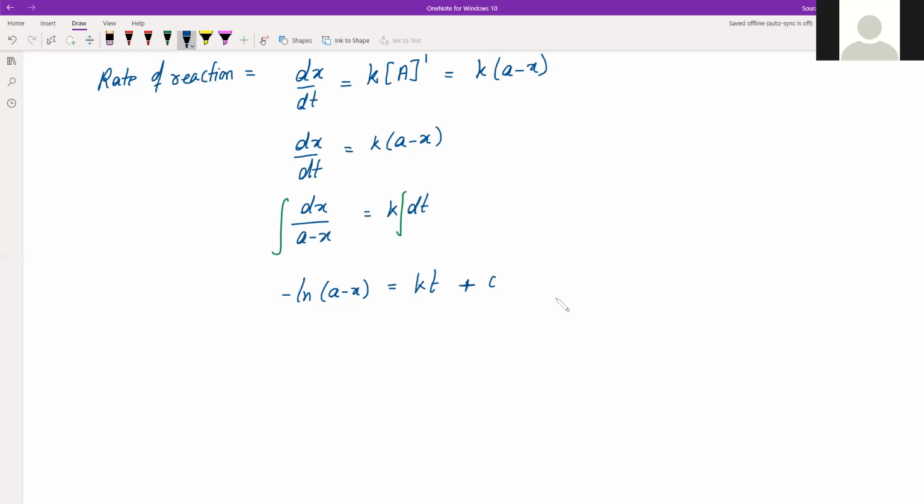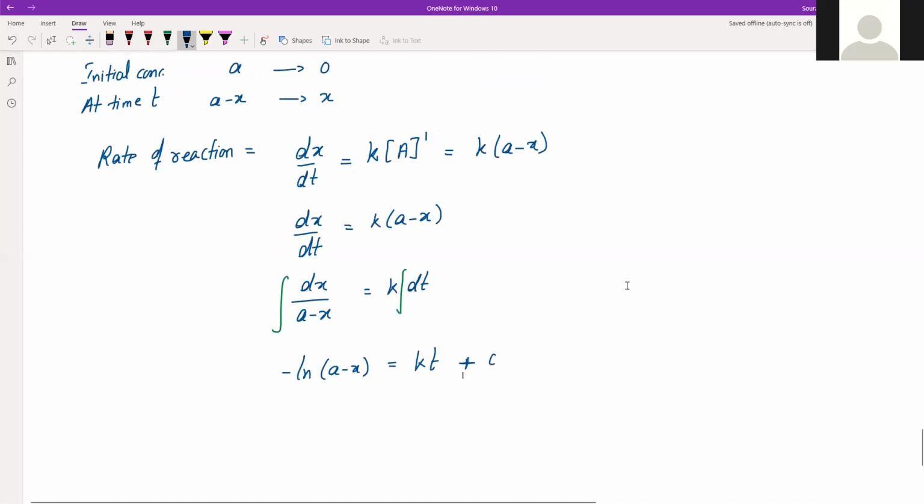Now we should know what the value of that c will be. And that we can find from the situation which we have in the beginning, that is, when t is equal to 0. When t was equal to 0, x was also equal to 0, right? That means there was no consumption of A. So at t equals 0, x was 0.